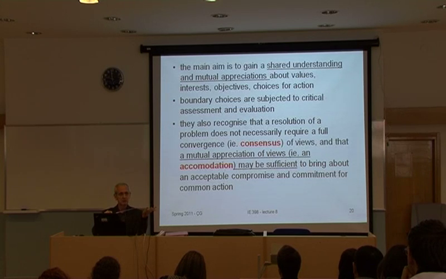Culture is about values. How do you define culture? Culture is the set of values and norms of a group of people, of a society. Norms define how behavior is expected to be. Values and norms are what we mean by culture. So, interests, objectives, choices of action.